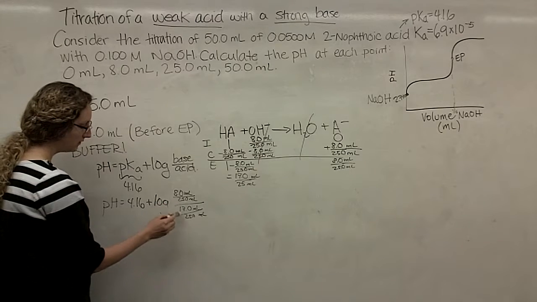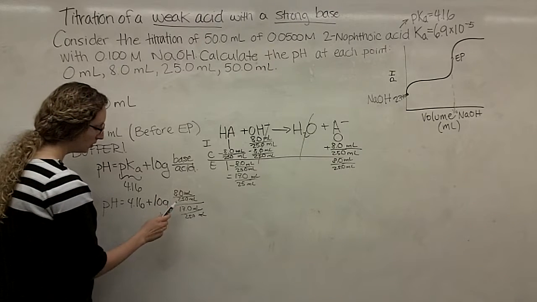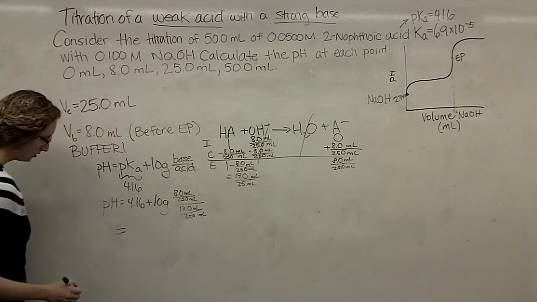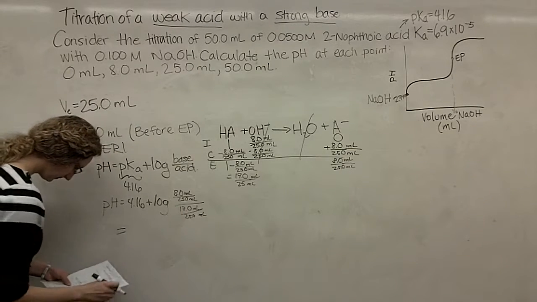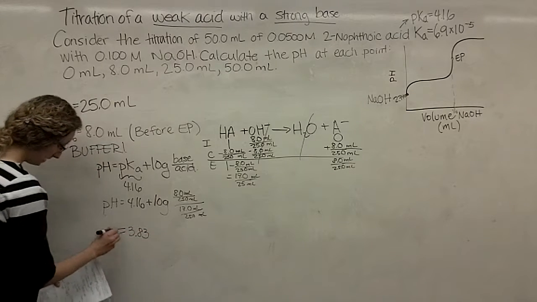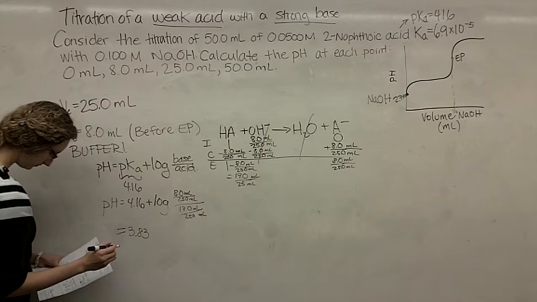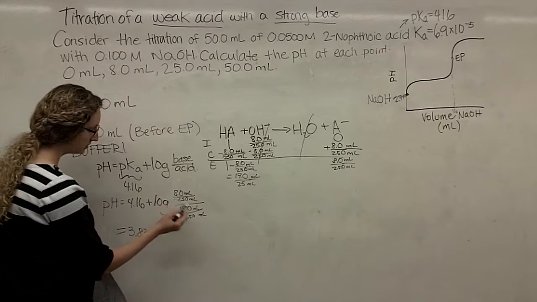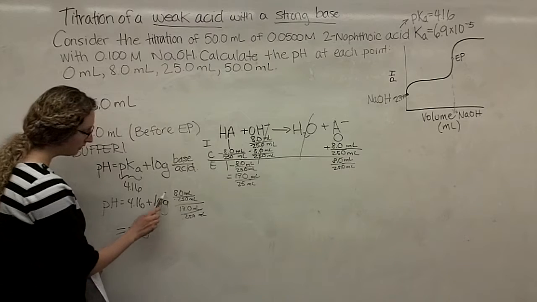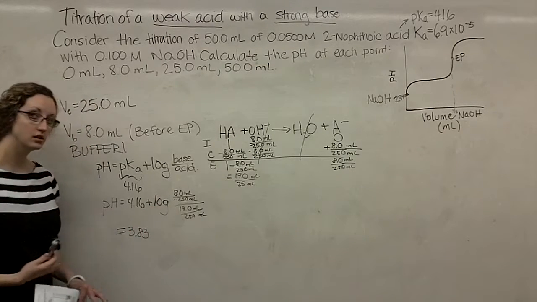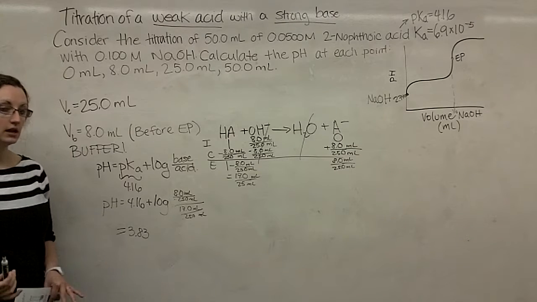You notice that the 25s are common, so if you do this out, you'll get 3.83 pH. The 25s also cancel out, so if you had the log of 8 milliliters over 17 milliliters, you would have gotten the same answer.